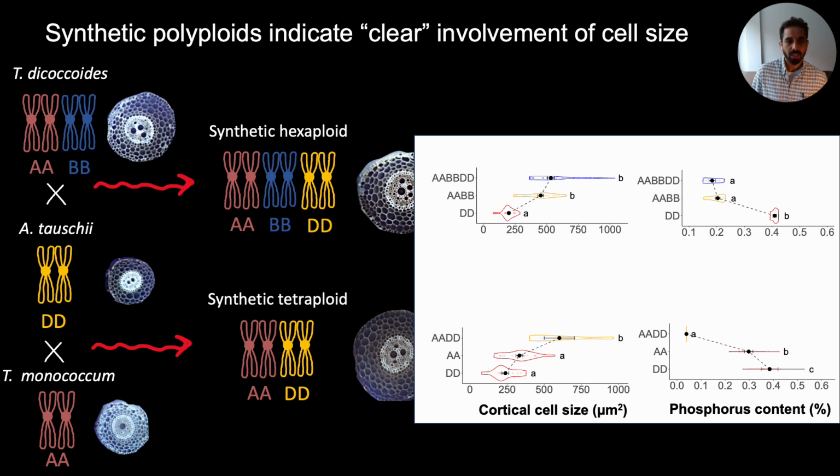For hexaploid synthetics, there is a significant increase in cell size compared to the diploid parent, which corresponds to reduction in phosphorus content. But when comparing the tetraploid parent to the synthetic, there's no significant increase in cell size, which corresponds to no significant change in phosphorus content.